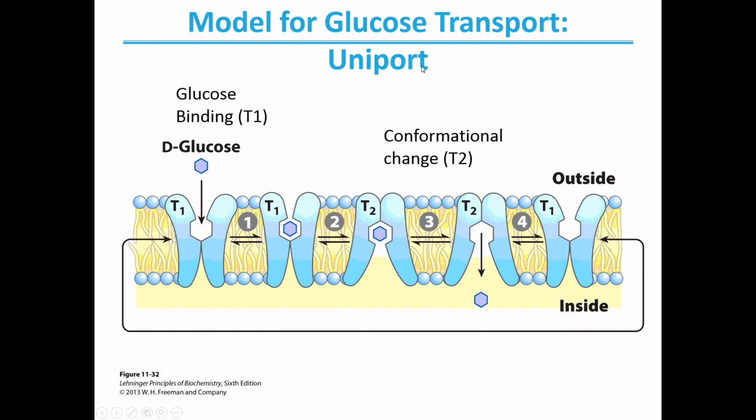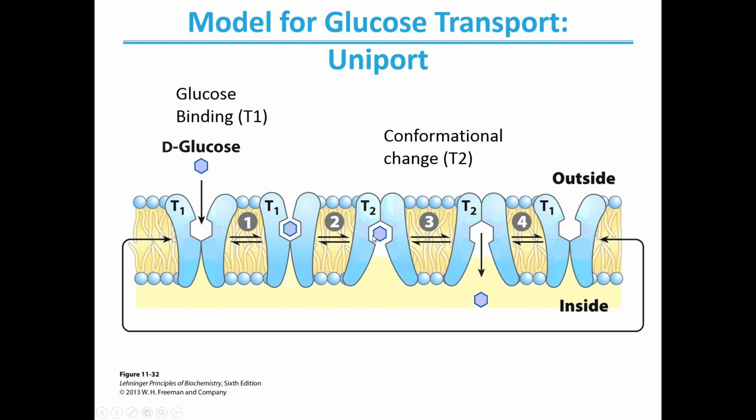Let's look at the same glucose transporter and think about it as it's really more than just that pore. What happens is you have a protein that's in a certain orientation. This strange looking structure here is actually the alpha helix. When the glucose binds those hydrophilic residues within the inside, that causes a conformational change in the protein.